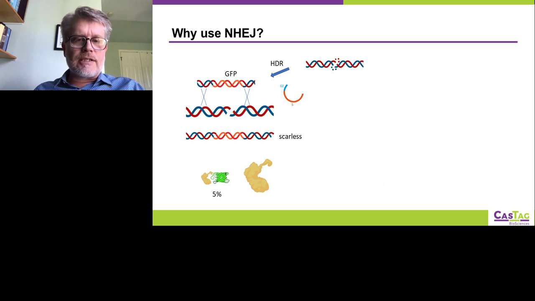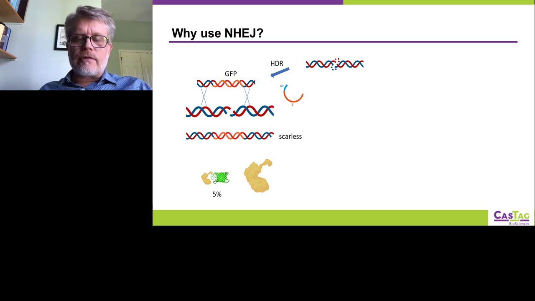In contrast, non-homologous end joining is not limited to either the S or G2 phase of the cell cycle, and therefore it can operate in both dividing as well as non-dividing cells. In this case, I'm showing green fluorescent protein. You'll note that there are no arms of homology on either side, so this can just directly insert into your gene of interest.